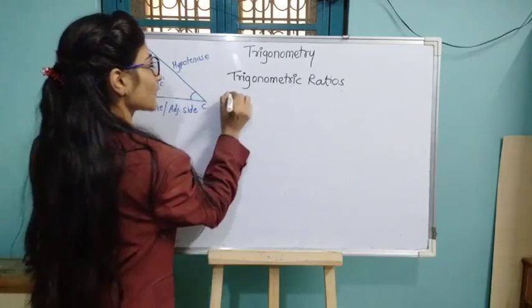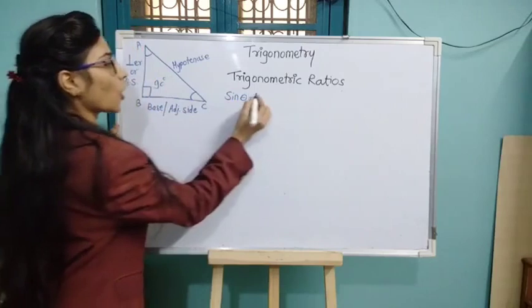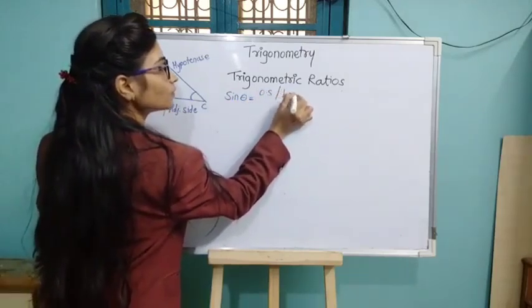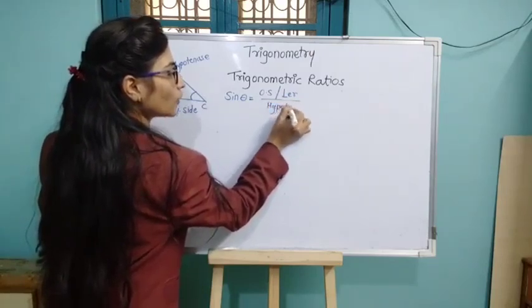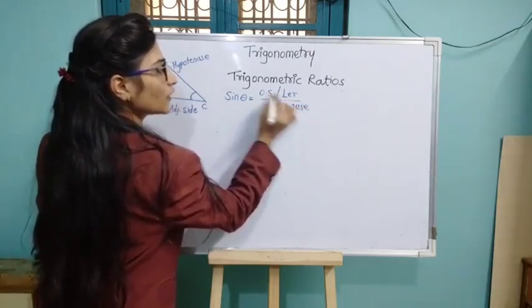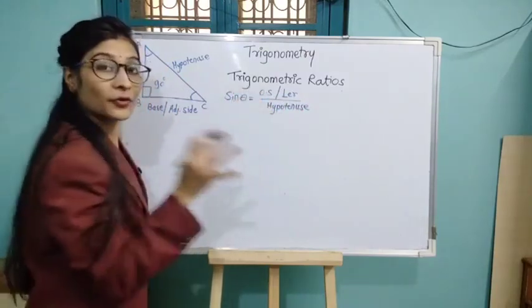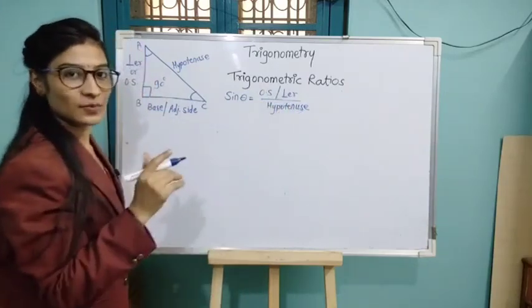For angle C, sin theta is the ratio of opposite side or perpendicular divided by hypotenuse. You can take any of the terms. If in your book it is given as opposite side, then consider opposite side. If it is given as perpendicular, then consider perpendicular.